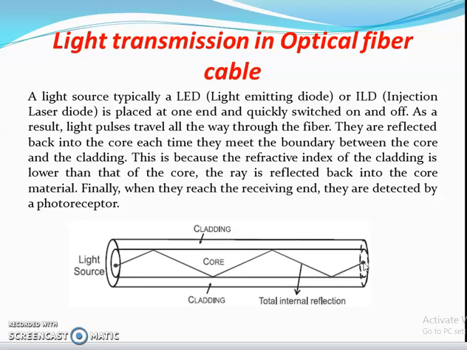So at the end, because here we have the receiver, when the ray is reflected back into the core material, finally when it reaches the receiving end, it is detected by a photodetector. So we can say that although the light signals do degrade, because they will degrade, since when they bounce off from here, their energy reduces.